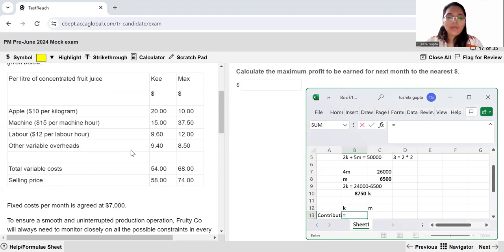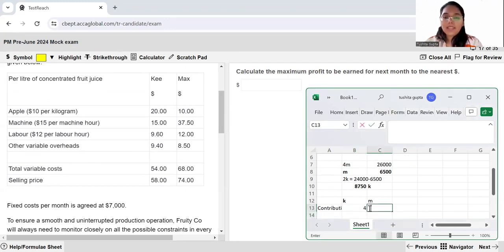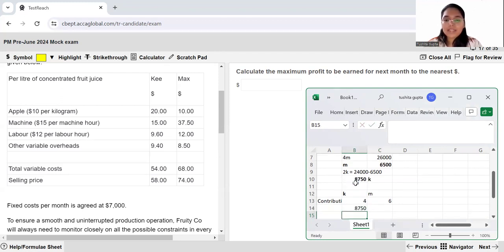So for K, my contribution is nothing but the sales price, which is 58, minus the variable cost, which is 54. Similarly, for M, I have 74 as the selling price and 68 as the variable cost. So this is the contribution that I'm getting. This needs to be multiplied by the number of units. So K is this much. M over here is this much.